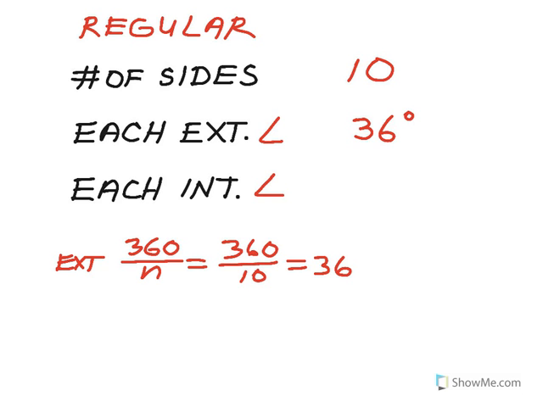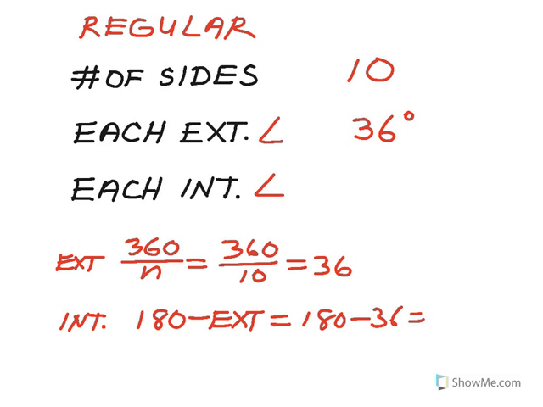Then for an interior angle, it's going to be 180 minus the exterior angle. So in this case, 180 degrees minus 36 degrees, or 144 degrees. So notice that these 2 will always add up to 180 degrees.